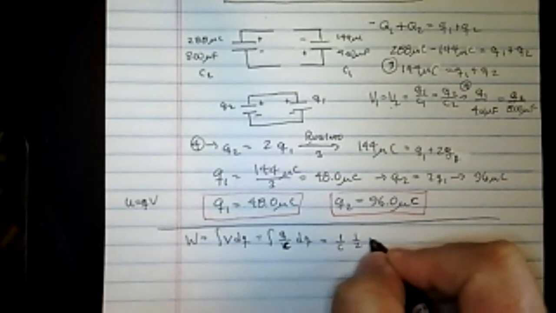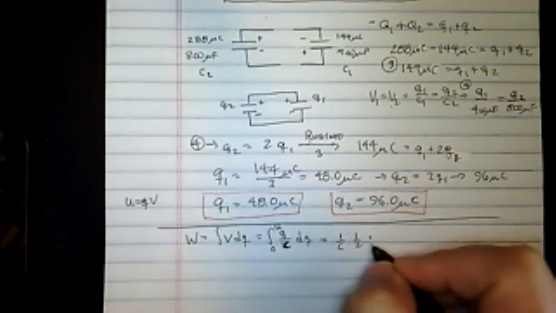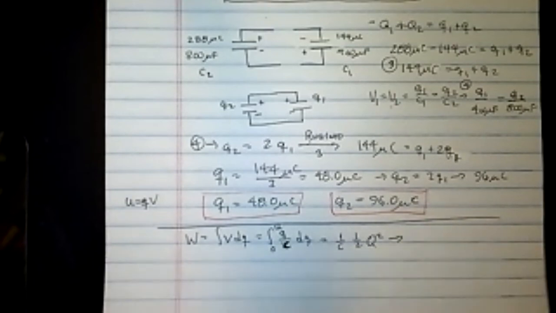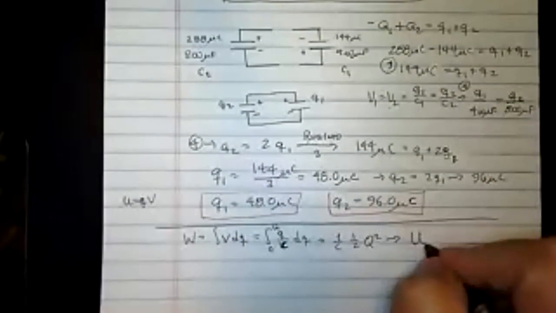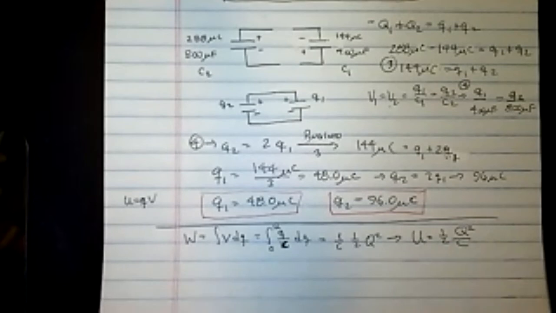That's 1/2 Q squared, and I'm going to integrate from 0 to big Q. So ultimately what we can find is that the energy stored in a capacitor, U, is equal to 1/2 Q squared over C.